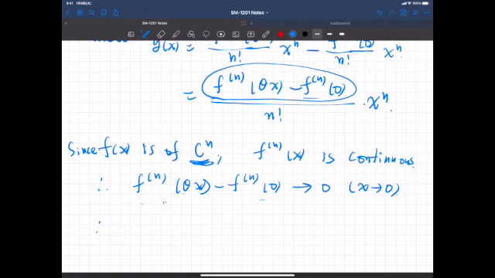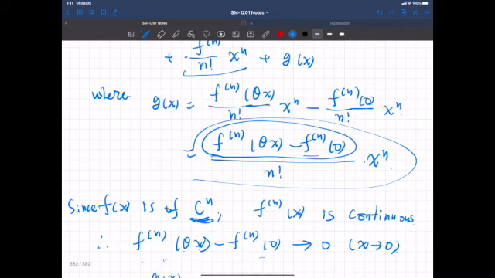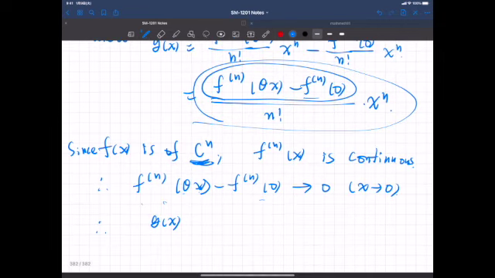So therefore, g of x over x to the power of n converges to 0. Right?